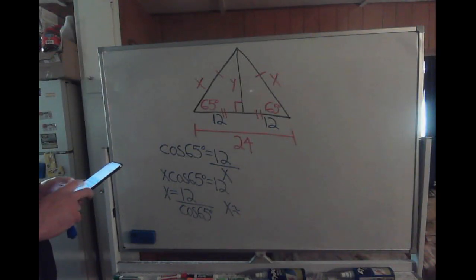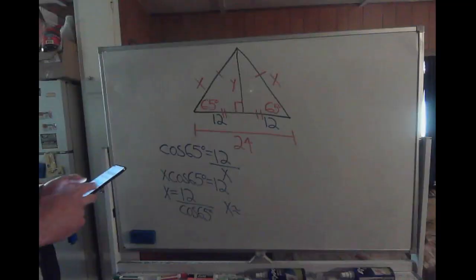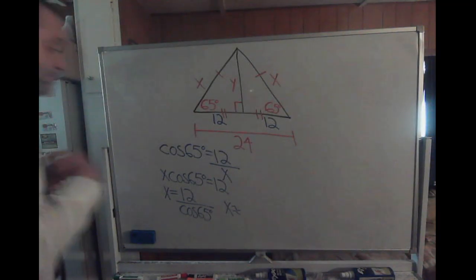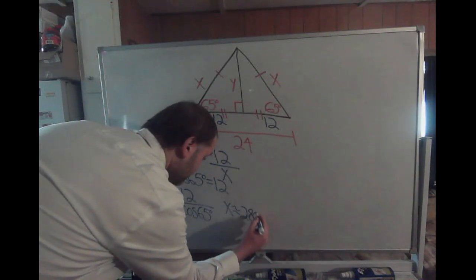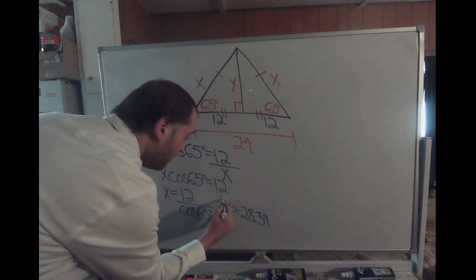So let's take 12, divide that by the cosine of 65. That gives you approximately 28.39. So x is approximately equal to 28.39.